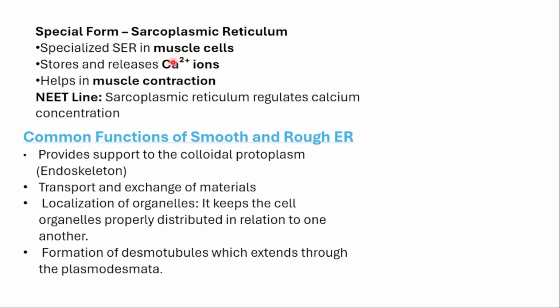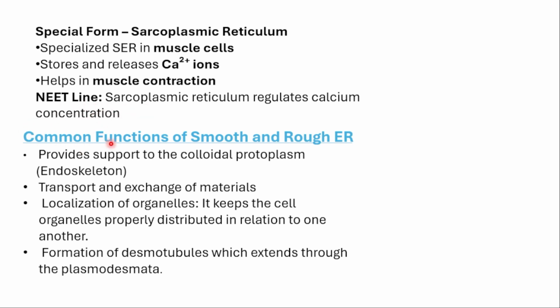Whenever muscle contraction happens, for that purpose they store and release calcium ions in muscle cells. That kind of SER is said to be what? Sarcoplasmic reticulum. Good. So the neat line you should remember: sarcoplasmic reticulum regulates calcium concentration.